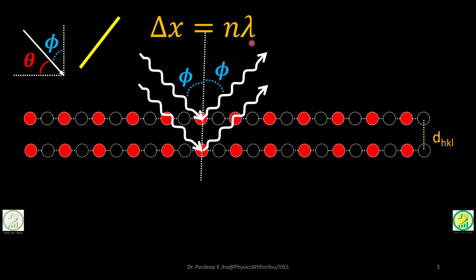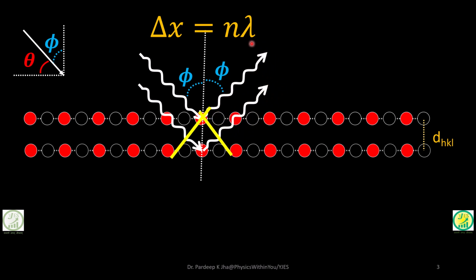As it's a wave phenomenon, I now assume the case of a wavefront instead of a ray. Let's say this is the wavefront which is coming. Now this wavefront will be reflected, or outgoing, and it will move like this.